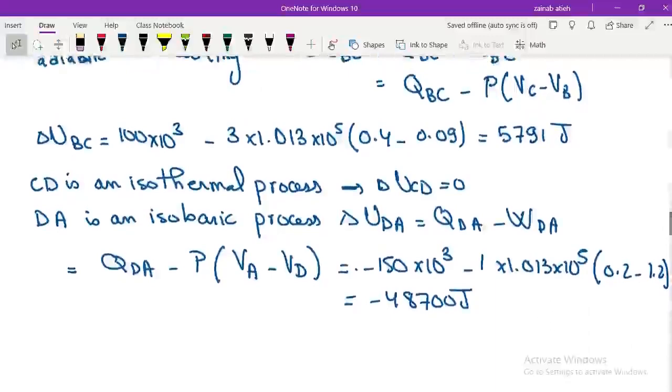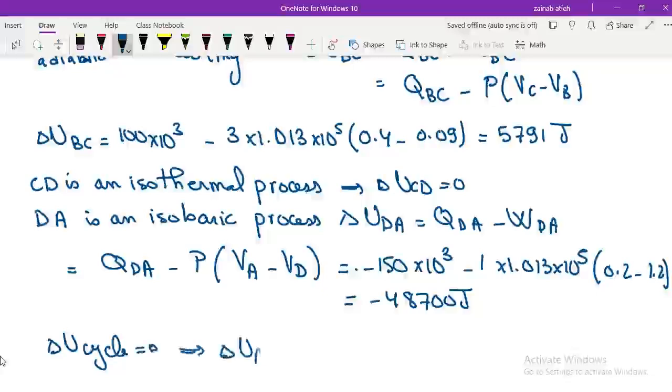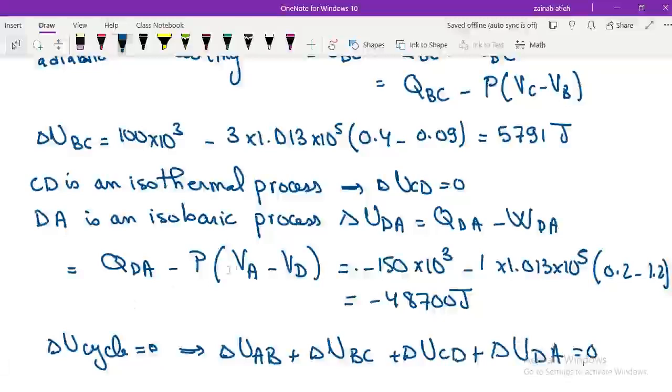Okay, now I have delta U for the three processes, and there remains the adiabatic process, so I can get it using the internal energy of a cycle. So delta U of a cycle is equal to 0, which implies delta U AB plus delta U BC plus delta U CD plus delta U DA must be equal to 0. I can substitute all of them.